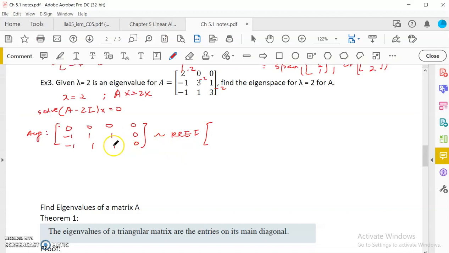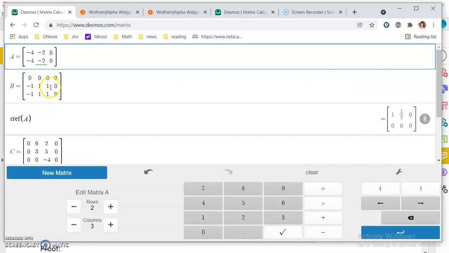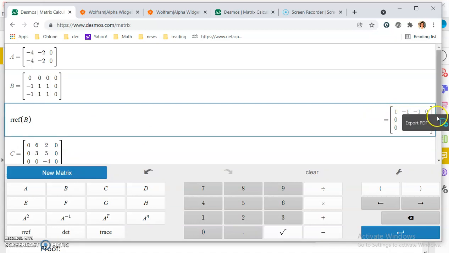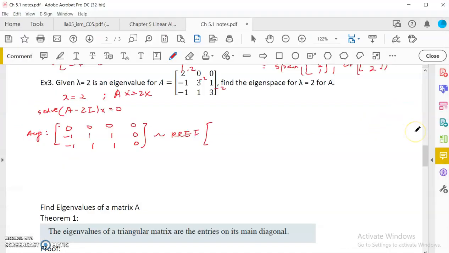So what was it? Oh, yeah, I have it here. Negative 1, 1, 1, 0, negative 1, 1, 1, 0, and 0, 0, 0. So the RREF of B gives 1, negative 1, negative 1, 0, and then all 0. 1, negative 1, negative 1, 0, 0, 0, 0, 0, 0, 0, 0, 0, right?